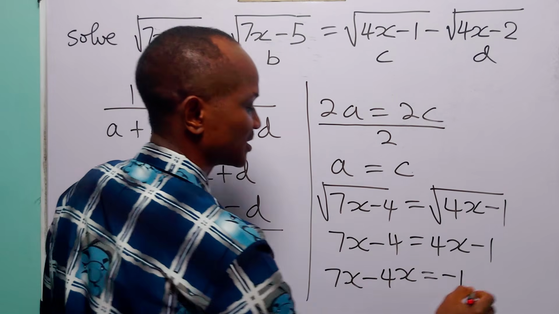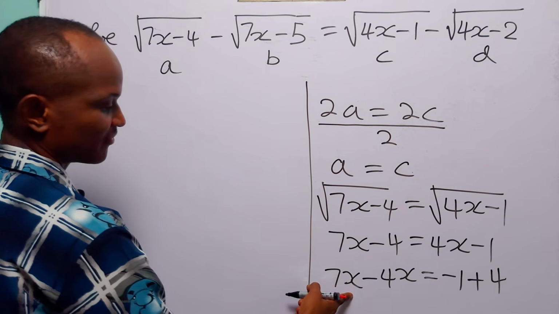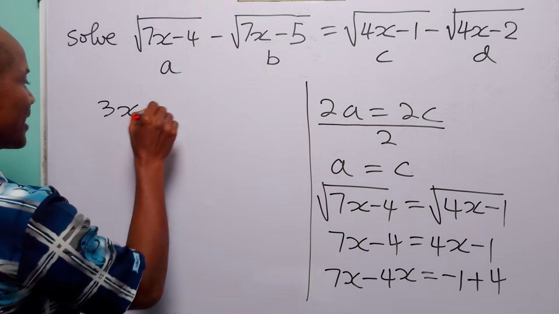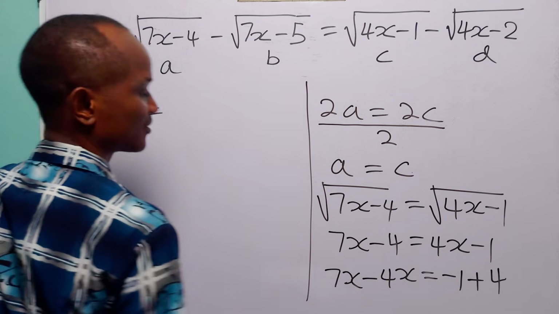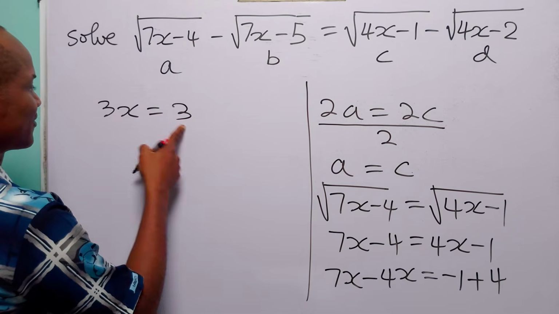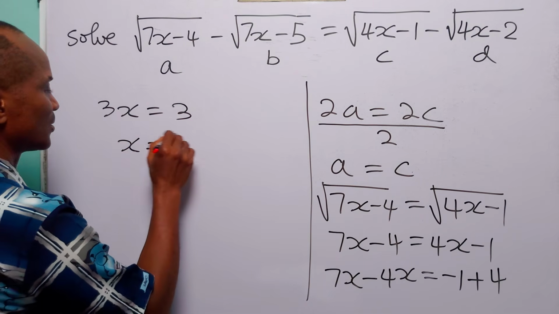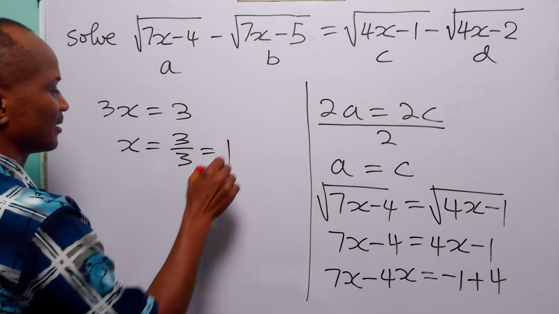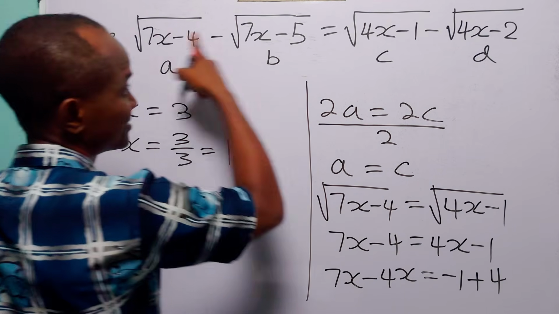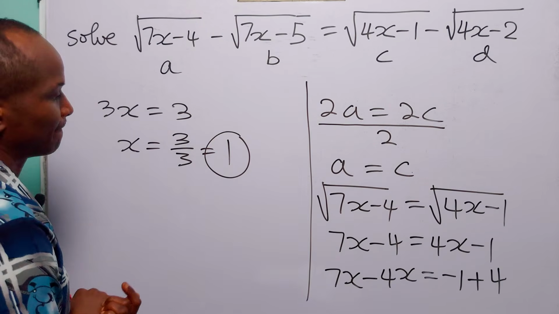This goes over to the right, plus 4. 7x minus 4x is 3x. 4 minus 1 is equal to 3. Dividing both sides of this equation by 3, we have that x is equal to 3 over 3. That is 1. So the only value of x that satisfies this equation is x equal to 1.